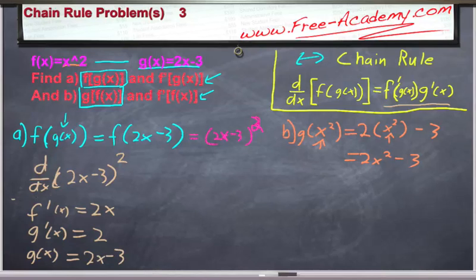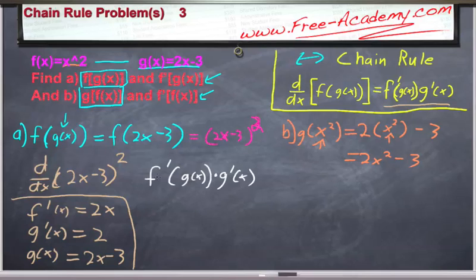Having these three elements and our formula for the chain rule, we simply plug them in to f prime of g of x times g prime of x. We make our first substitution, g of x into f prime, so this is f prime of 2x minus 3. Then we multiply by g prime of x, which is equal to 2.